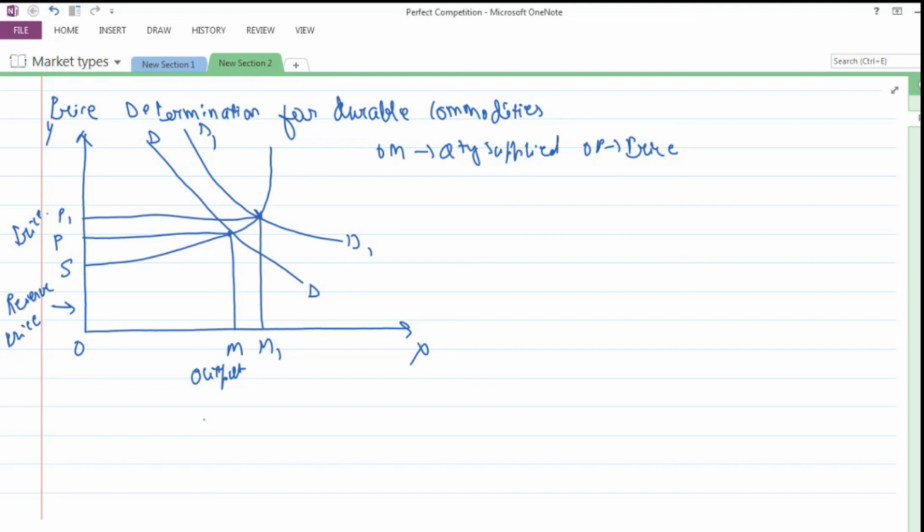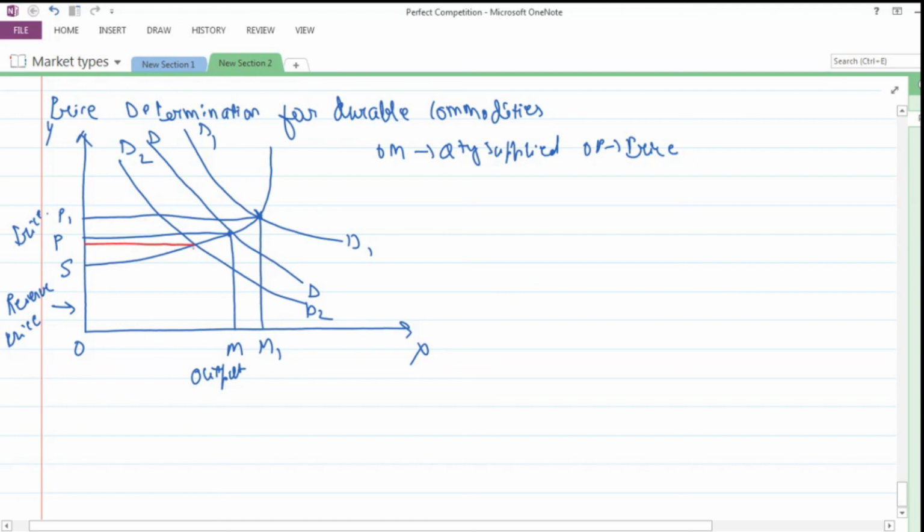So the supply becomes more, and when the supply increases, what happens is there would be a downward shift in the demand curve towards D2 D2. Okay, towards D2 D2 की तरफ फिर से demand curve नीचे आ जाता है. Now the equilibrium price in this case would be this one and the equilibrium quantity would be M2, the price would be P2.